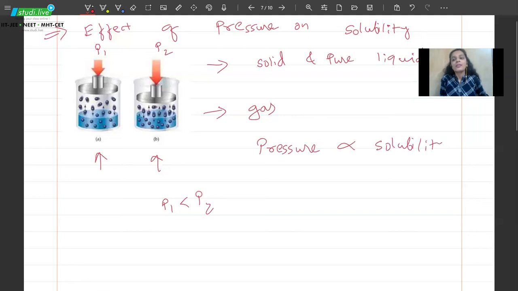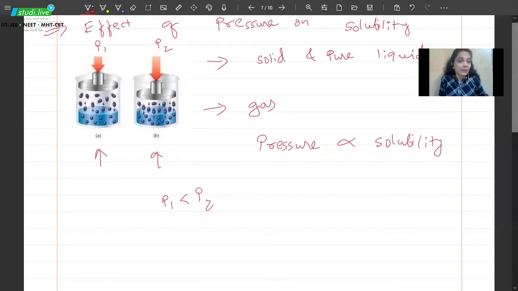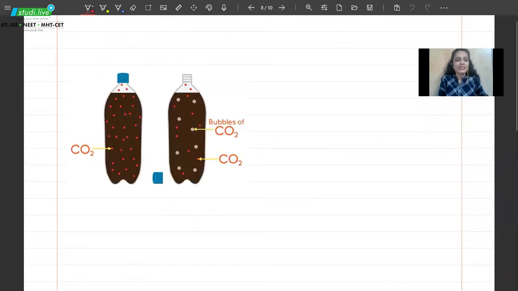This is the famous law that is very much useful in our day-to-day life. For example, the carbonated drinks that we crave during the summer days. CO2 is a gas, and with pressure it has been added, it has been dissolved into the liquid. But if you can see, there is pressure over here.